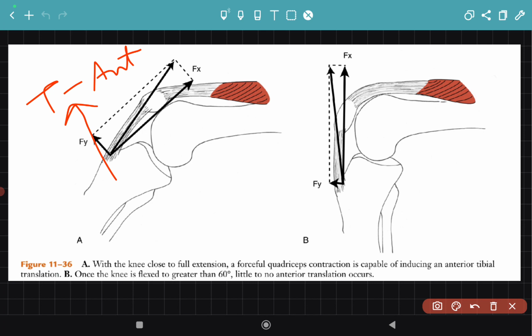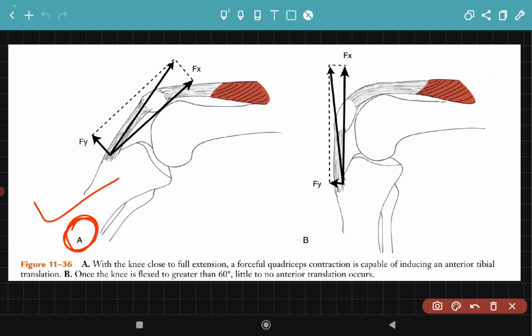So to put restraint on this excessive anterior translation of the tibia, we need a structure to hold it in its position and to prevent this excessive anterior translation of the tibia, which can be well appreciated in this diagram.